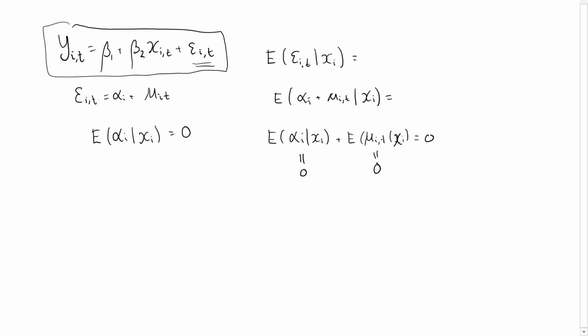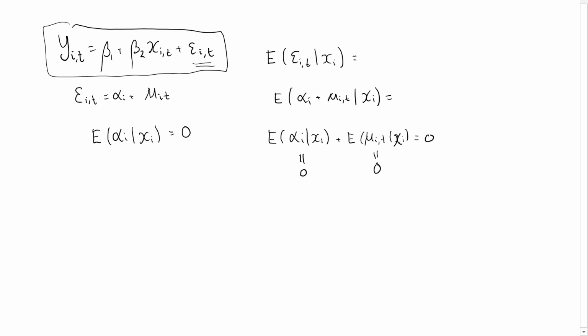Important conclusion: with the random individual specific effect, the explanatory variable will be exogenous with respect to the entire error term. And that means that if I estimate this model with OLS, I will get consistent and unbiased estimates.